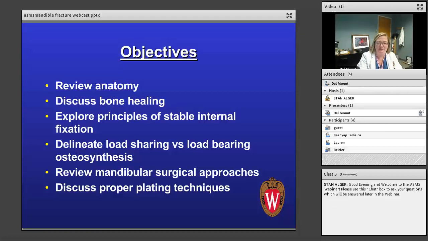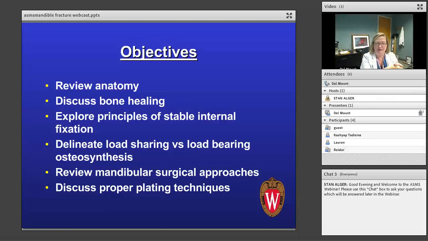We'll talk about the principles of stable internal fixation, which is kind of the hallmark of mandibular fixation. And we'll talk about what's meant by load sharing and load bearing osteosynthesis, basically how either the plates arrange the bones so that they provide the support, or if the plate itself is the support.